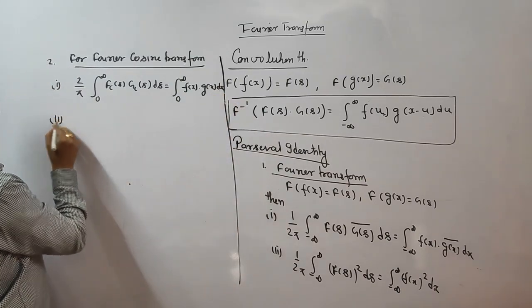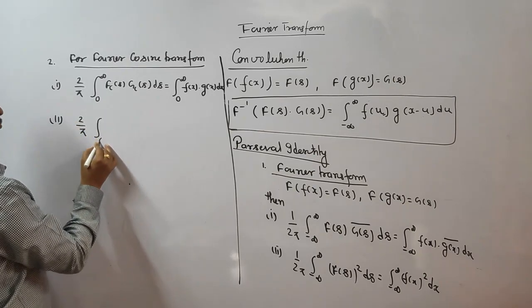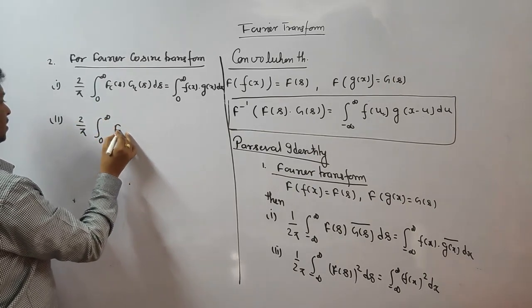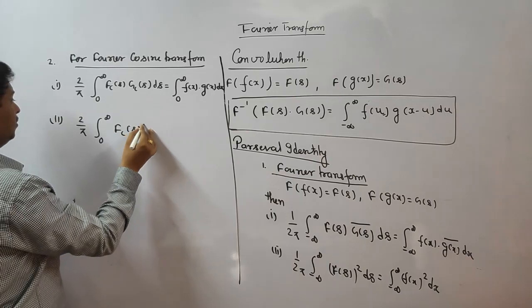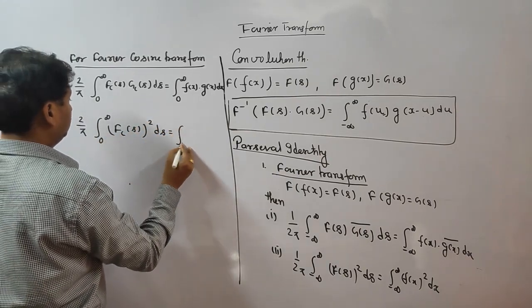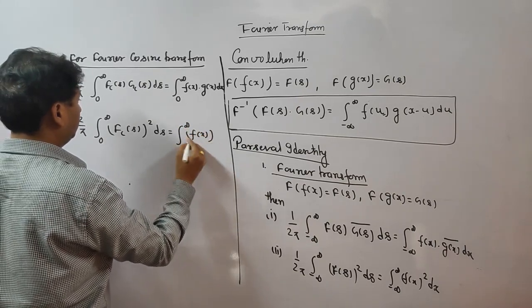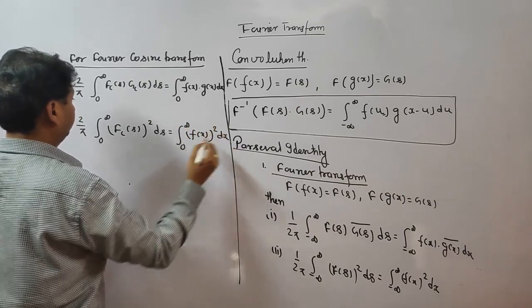And second, 2 upon pi, integral from 0 to infinity of Fc(s) whole square ds is equal to the integral from 0 to infinity of f(x) whole square dx.